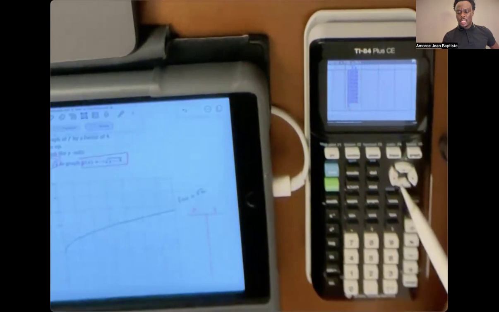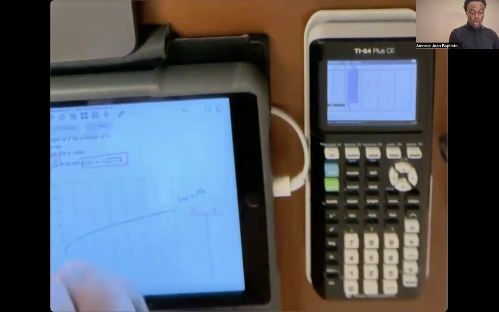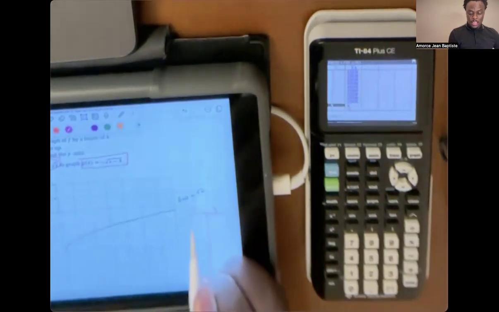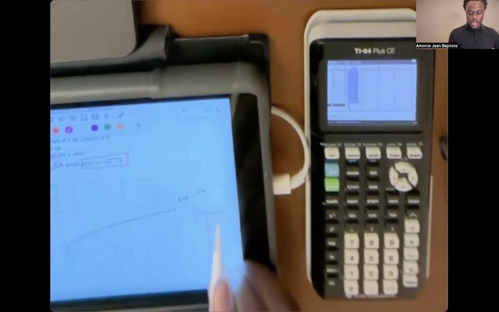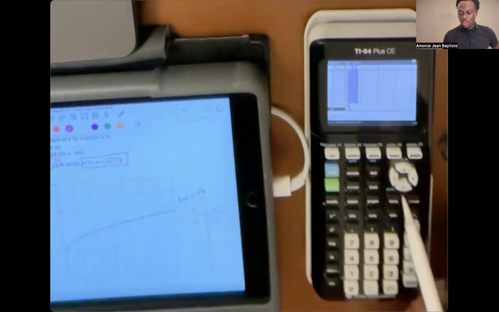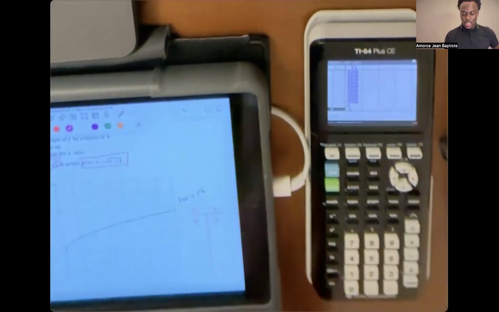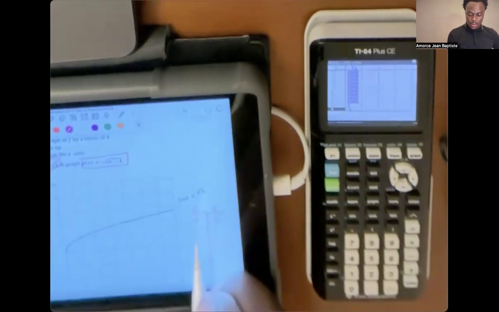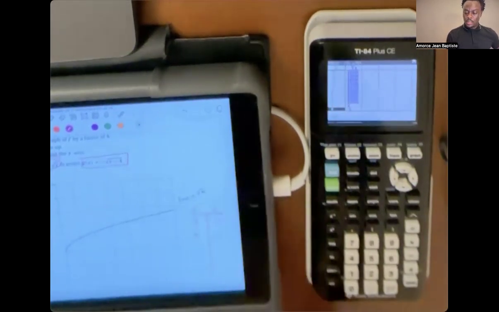Starting at x equals positive 4, we get 0. So I'm going to put here x equals 4, y equals 0. I also see for x equals 5, y equals -1.